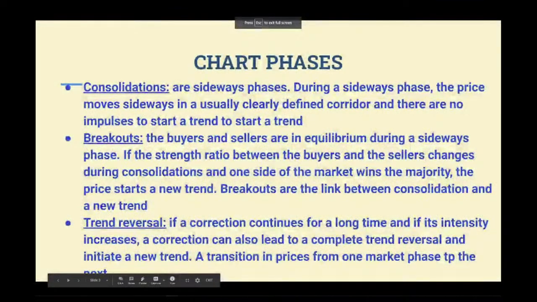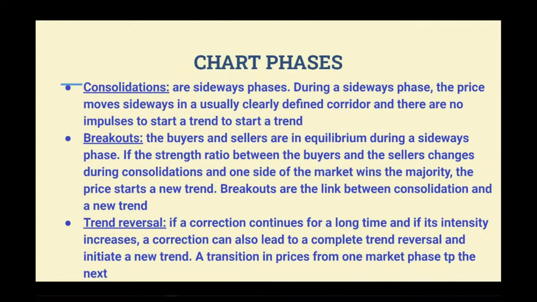All right, let's keep doing chart phases now. So we have consolidations, and we use this word a lot, especially when the market is choppy or sideways. So consolidations are sideways phases. During a sideways phase, the price moves sideways in a usually clearly defined corridor, and there are no impulses to start a trend.